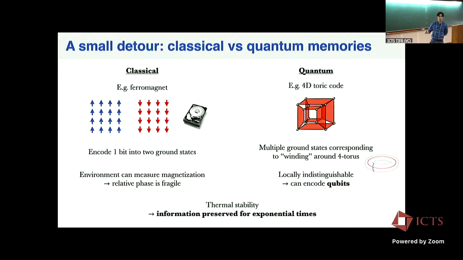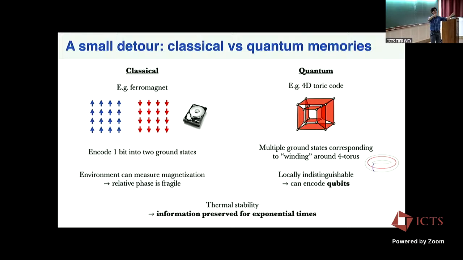Okay, so again, this is a bit of a detour, but I mentioned this notion of memory, so I should explain what I mean. I have in mind this thought experiment where you take a system, prepare it in one of its ground states, and then you couple it to a thermal bath at some low temperature and see what happens. For example, in a ferromagnet, I could take two different initial states with opposite magnetizations, couple to a bath, let it develop for a very long time, and it would still stay distinct.